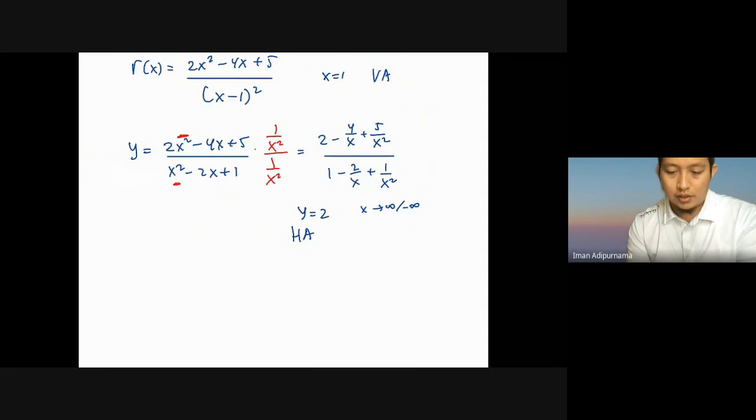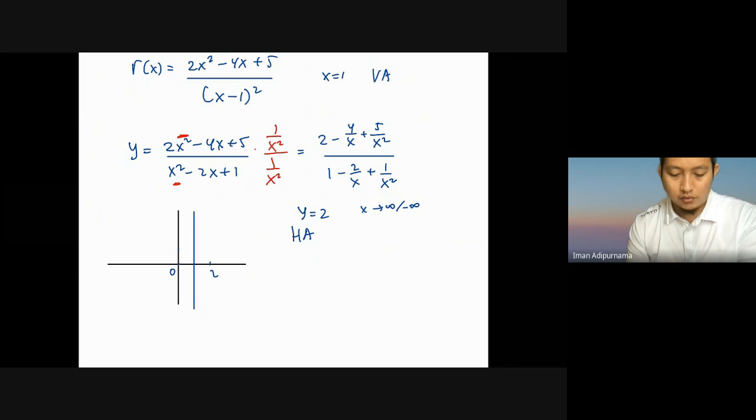So at least you can draw, and maybe make sure this will be 1. This will be the vertical asymptote. This will be 2. This will be 0.